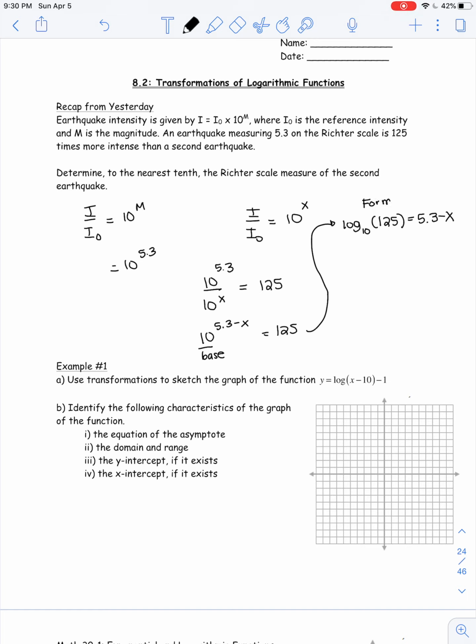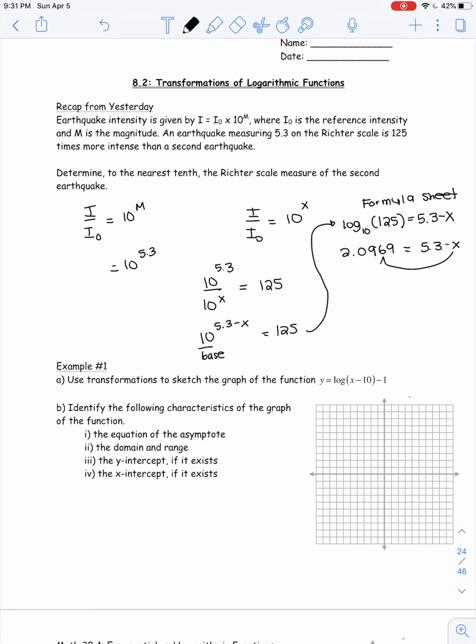This comes from our formula sheet, converting between exponential form and log form. So all we have to do is put log base 10 of 125 into our calculator. We can just go log 125 because you don't have to write the base of 10. And we'll get 2.0969 equals 5.3 minus x.